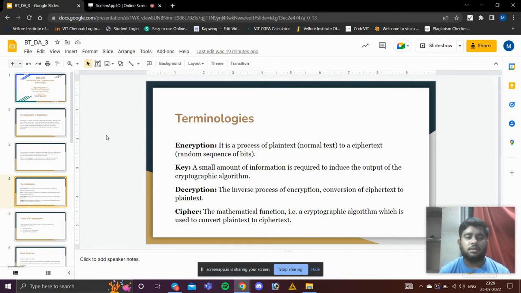Decryption is basically the opposite of encryption, as the name suggests, the inverse process of encryption, the conversion of ciphertext to plain text. And cipher is the mathematical function, a cryptographic algorithm, which is used in the process of encryption from plain text to ciphertext.